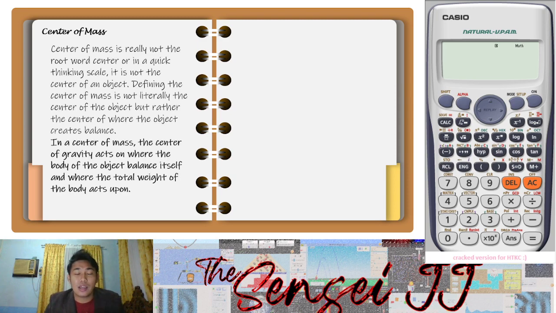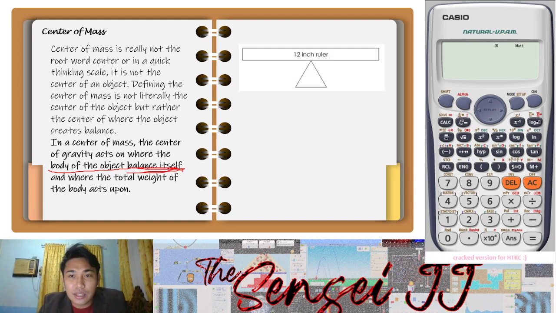The gist of this is that the center of gravity acts where the body of the object balances itself and where the total weight of the body acts upon.